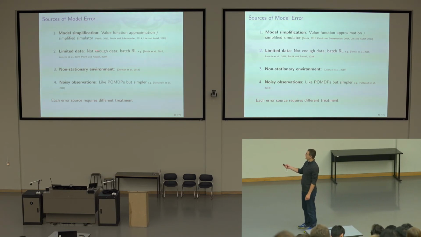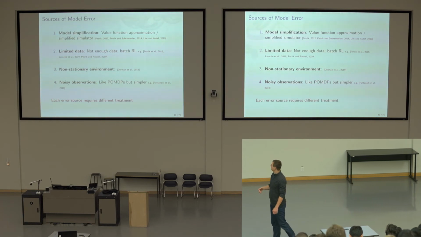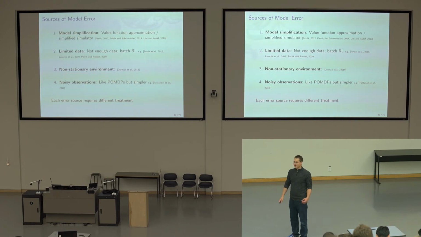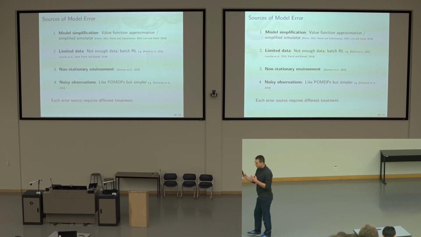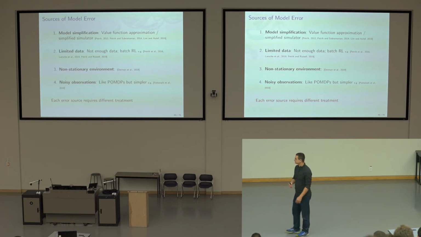So model simplification, value function approximation, simplified simulator, limited data, where we don't have enough data, non-stationary environment. So we may be learning on one environment, but the environment may be changing. So this paper has looked at a case where you're trying to balance the cart pole, and the pole is getting longer or shorter.